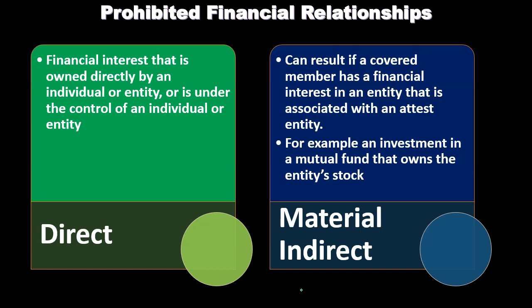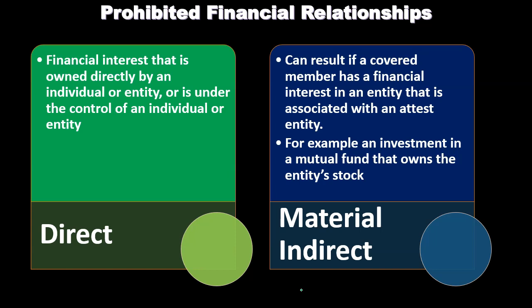What if I have a mutual fund? I'm not even sure what is all involved in the mutual fund because it's a grouping of a lot of funds. It might be just an index fund. Well, then we're talking about a material indirect interest. So if you're thinking about a mutual fund, if that amount is going to be material to the individual, then it would be a material indirect item. If it's not material and it's indirect, then you may be okay with regard to independence.